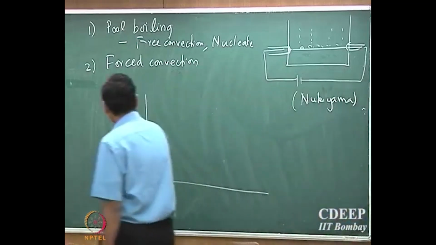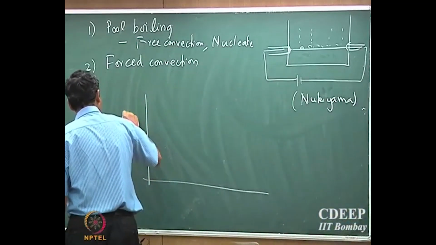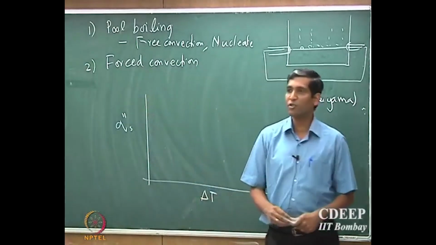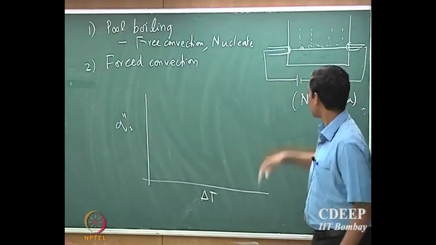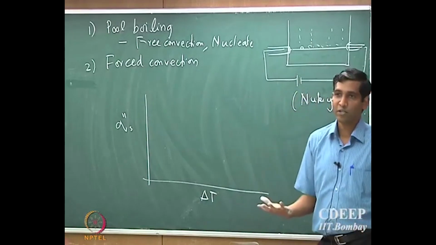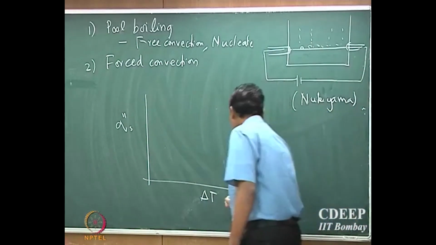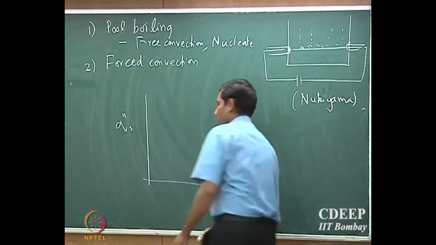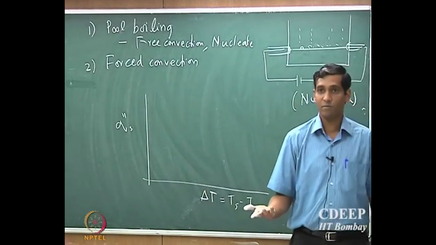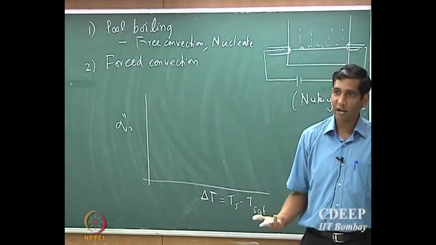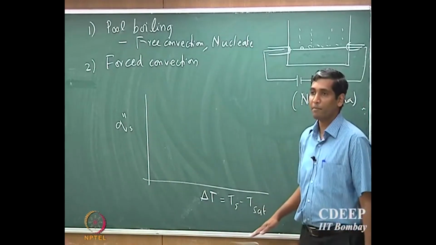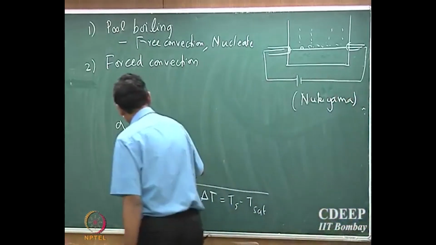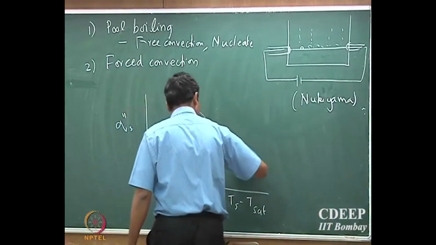So, you make a plot between Qs and delta T. Now, here we assume that when you start the experiment, the fluid is almost at the saturation temperature. So, this is Ts minus Tsat. Note that saturation temperature, or the boiling temperature, is fixed for a given fluid under given conditions. So, what he observed was something like this.